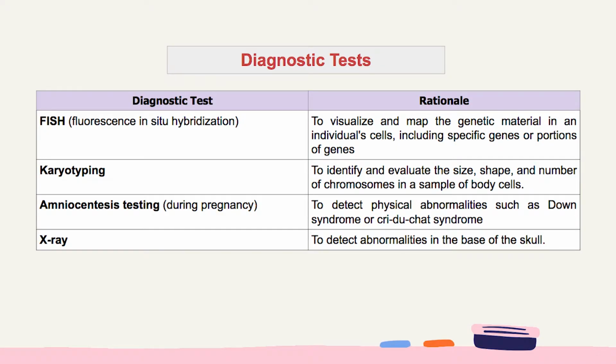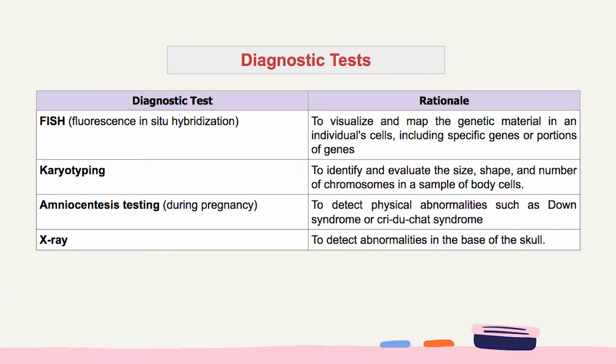For the diagnostic tests, we have FISH or fluorescence in situ hybridization. It is to visualize and map the genetic material in an individual's cells, including specific genes or portions of genes. We also have karyotyping.